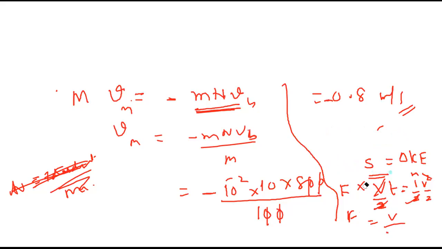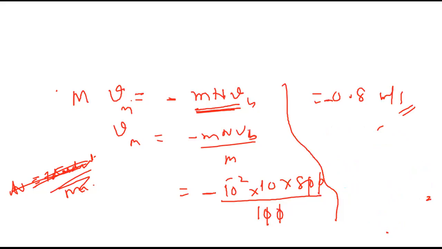Yes, sir. See, that answer is not wrong, but there the word used was average force. So for average force we have to find average displacement, and displacement is not constant every time. Let me make this clear. So we can say average work done equals change in kinetic energy.